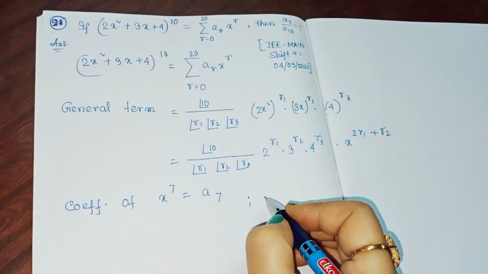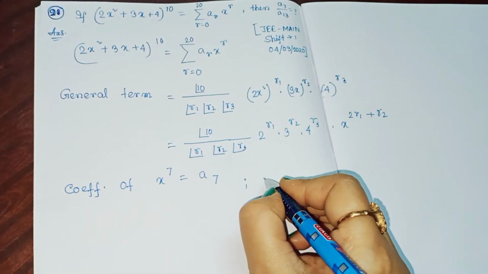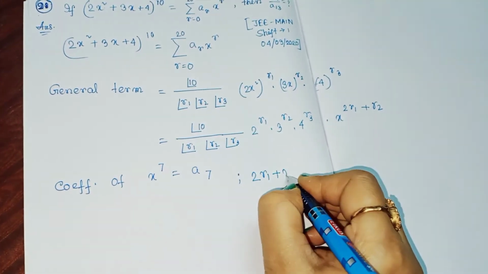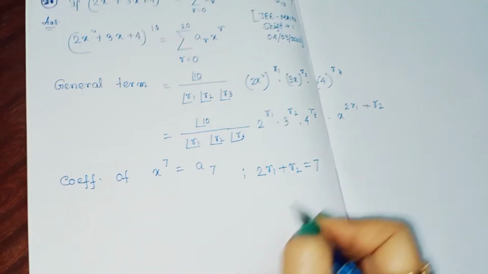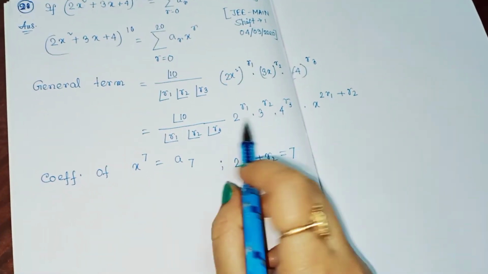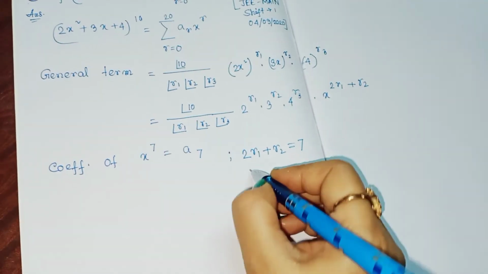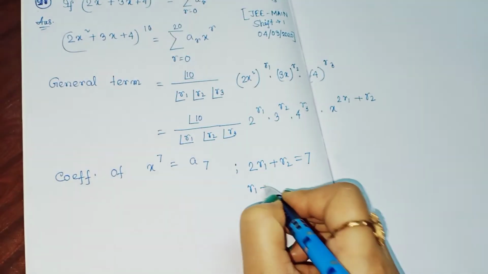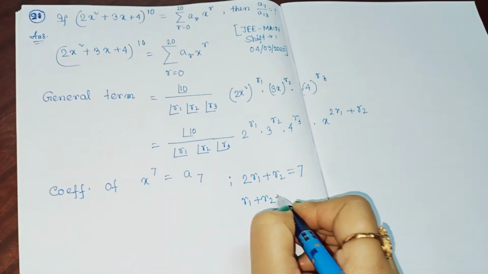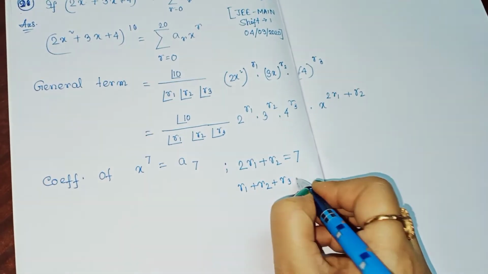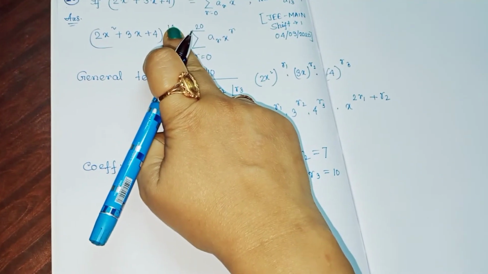Here some conditions arise, that is 2r1 plus r2 is equal to 7, and r1 plus r2 plus r3 is equal to 10, as the power is 10.